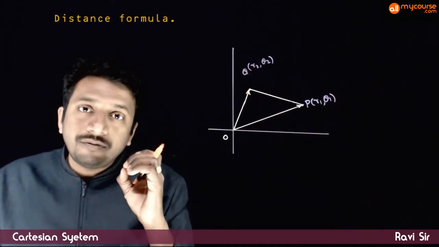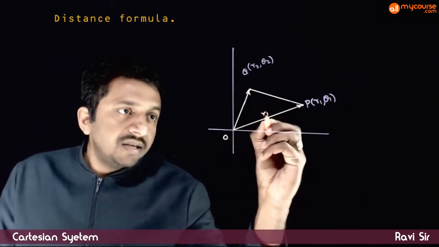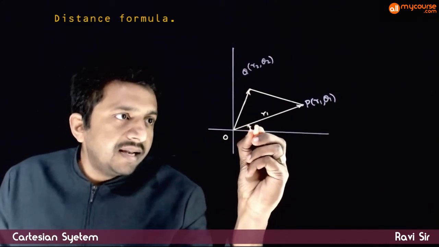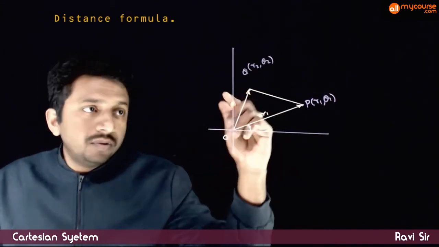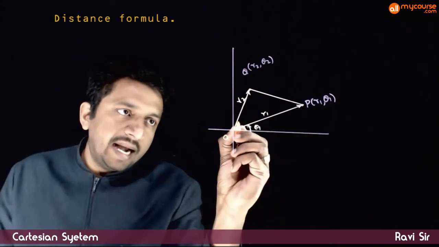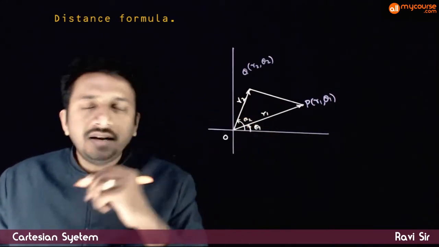Now what is the meaning of r1 and theta 1? We have already seen this. So this distance OP is r1 and this angle is theta 1. And what is OQ? The length OQ is r2 and this angle is theta 2.